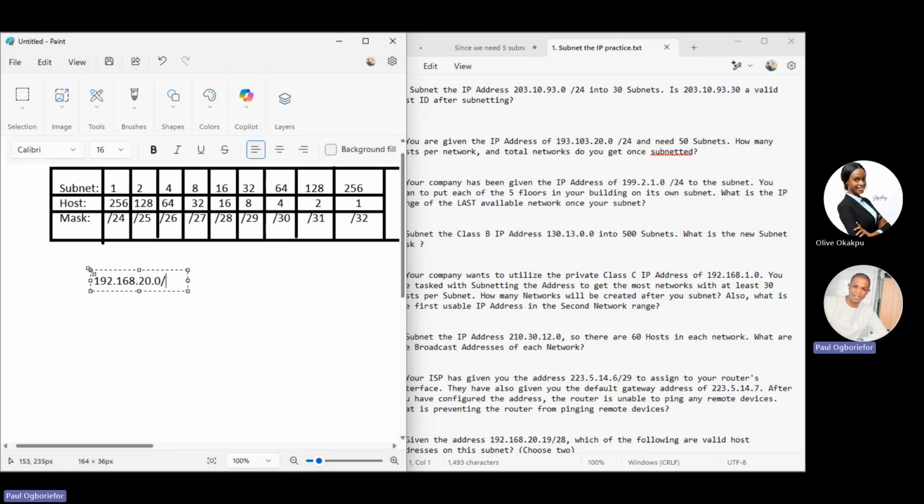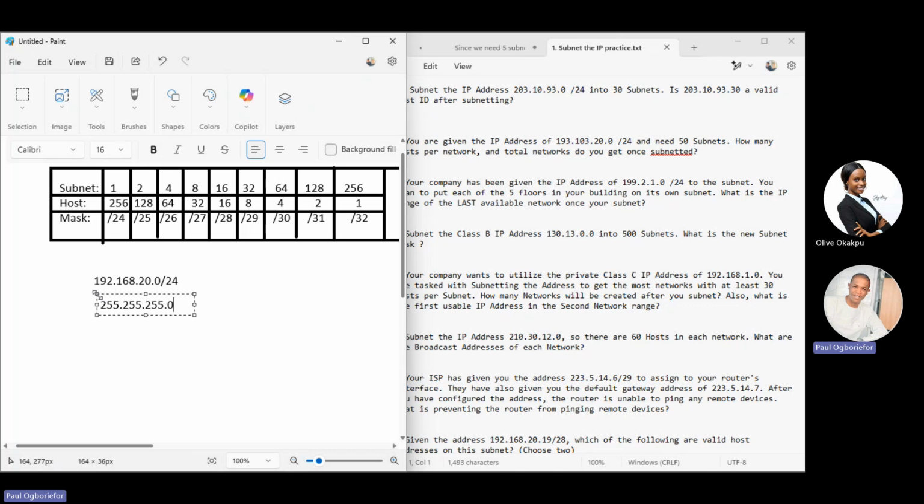This by default is equal to /24, right? This is by default. And if you want to write out the subnet mask in full, this will be 255.255.255.0. This is by default.